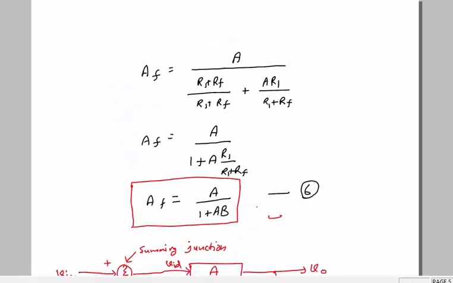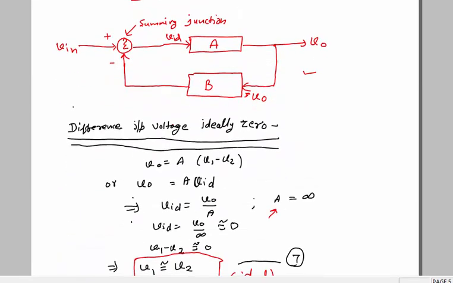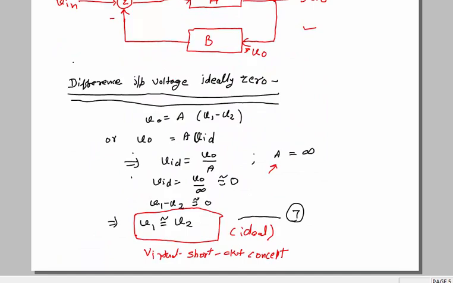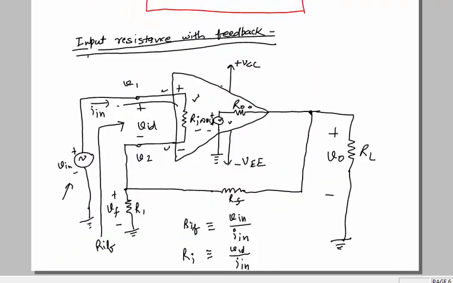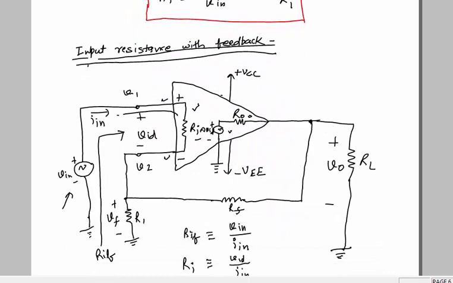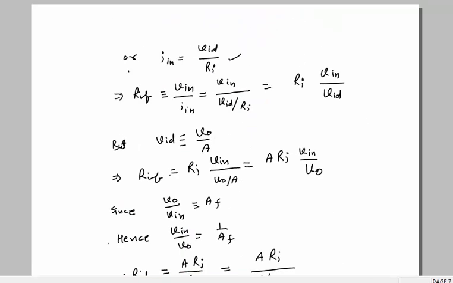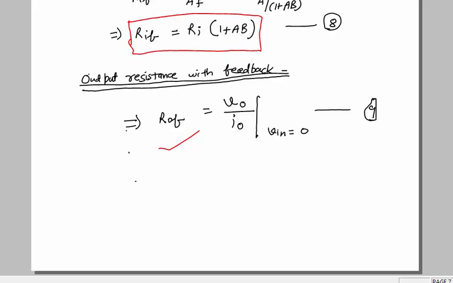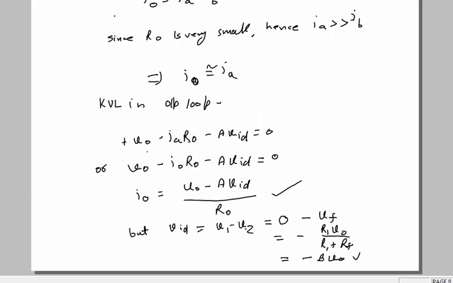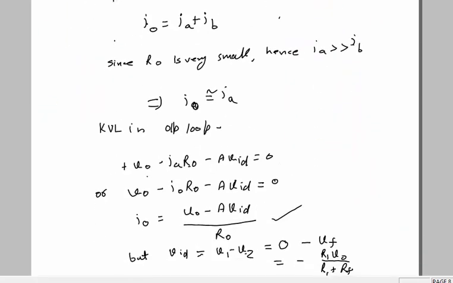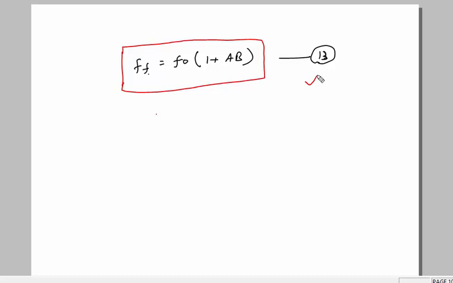Then we verified that the difference input voltage should ideally be 0. Then we determined the input resistance with feedback, which is increased by a factor 1 plus A beta. Then the output resistance with feedback, which is decreased by the same factor, 1 plus AB. Beta and B are the same.